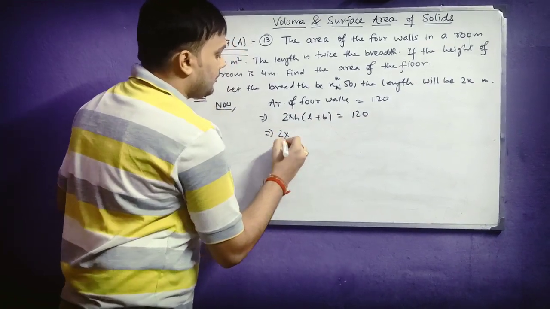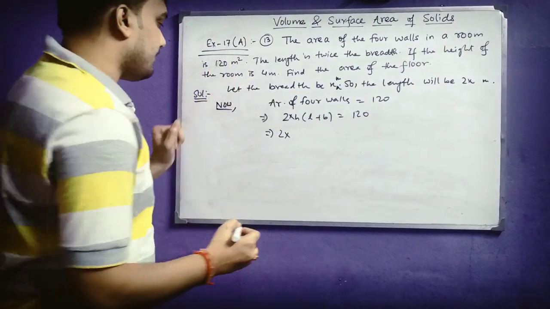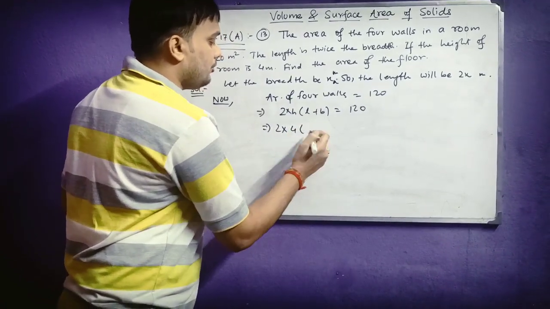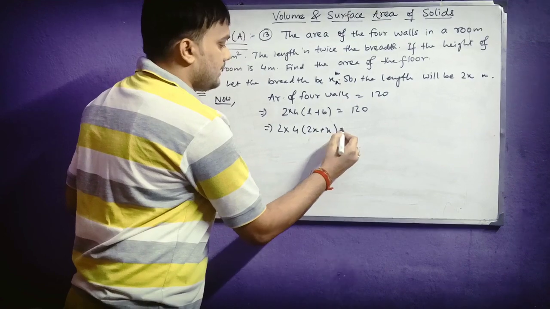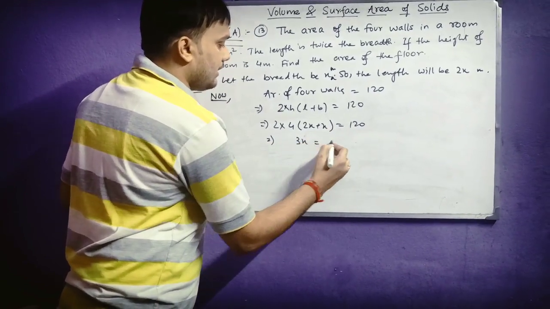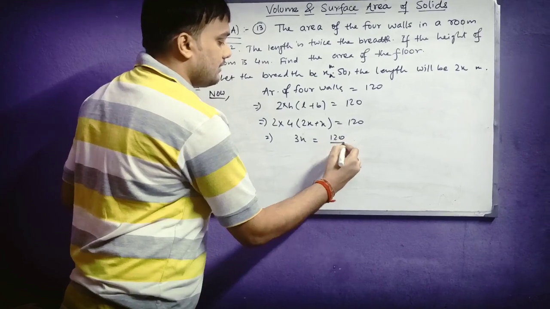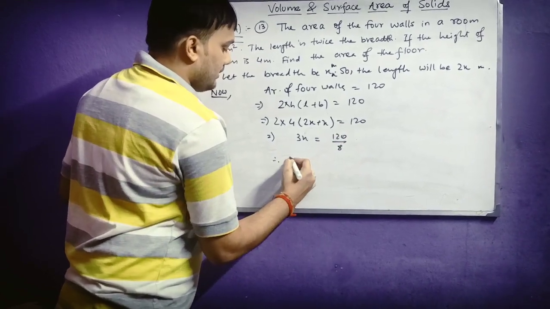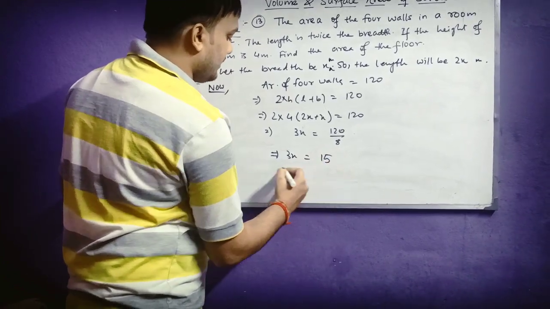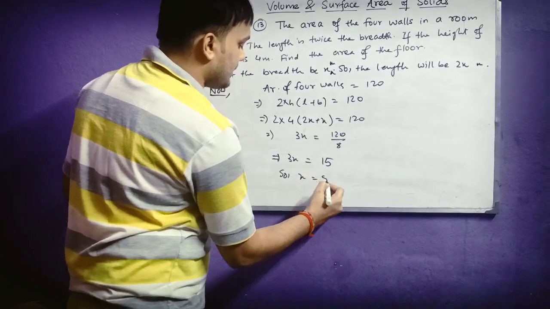That means 2 into height, which is already given here 4 meter, and length we have taken as 2x plus x equals 120. So we will get 3x equals 120 by 8. Therefore 3x equals 15. So x equals how much? 5.